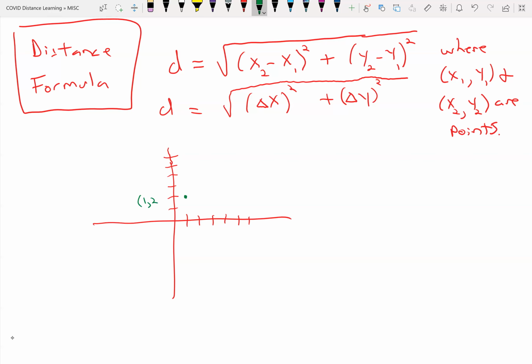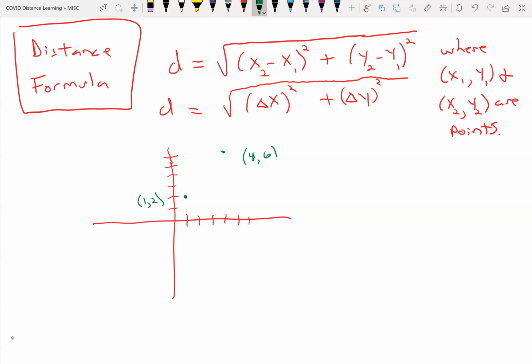That's 1, 2. I'm writing it over here just to get it out of the way. And let's plot another point at 1, 2, 3, 4, 6. 1, 2, 3, 4, 5, 6. That point's at 1, 2. That one's at 4, 6.